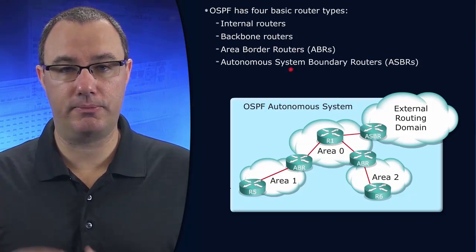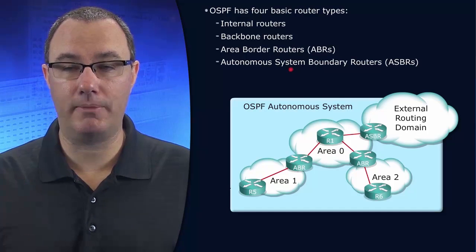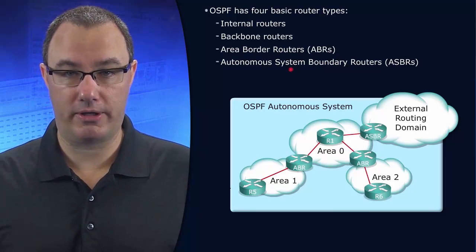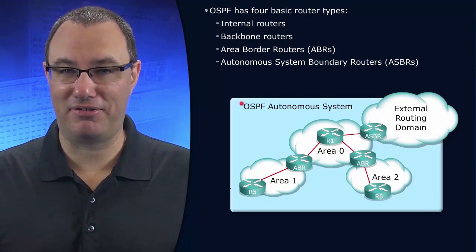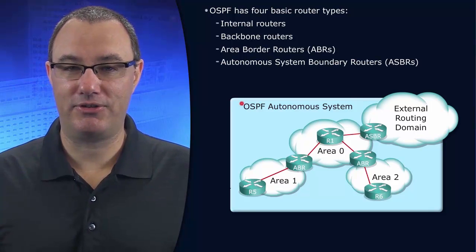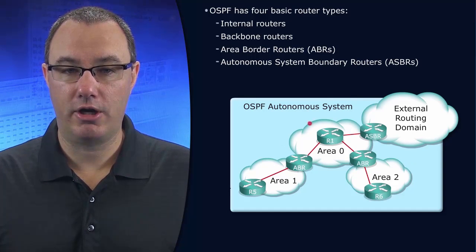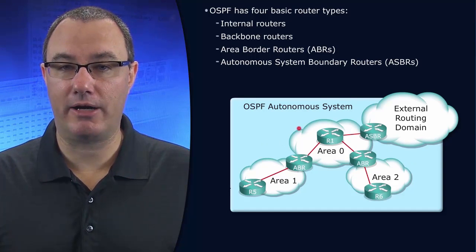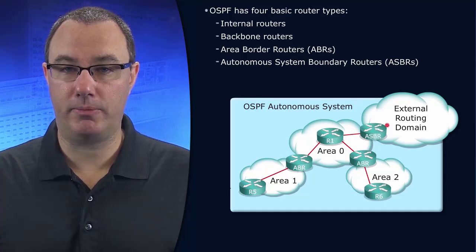An autonomous system is a routing domain, a collection of routers under a common administrative authority. And in this case, the authority is really OSPF. Although OSPF is not an authority, an autonomous system boundary router connects a collection of OSPF-speaking routers that are sharing information to some other routing domain.